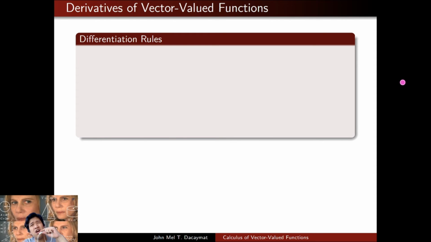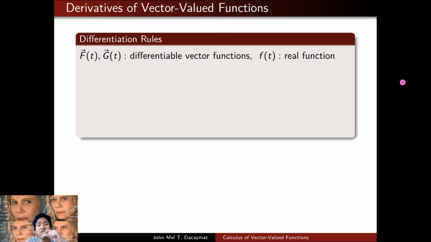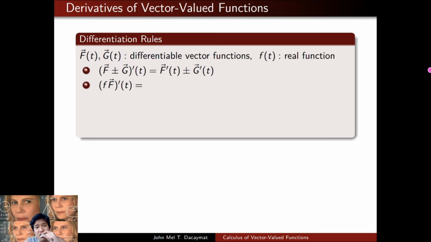The differentiation rules you had in Math 21, the product rule, quotient rule, chain rule, also have their equivalents here in vector valued functions. So if I have vector functions F and G and a real function small f, then I have the following formulas. The derivative of F plus G is just the derivative of F plus the derivative of G, and the same goes for the difference. Very similar to real functions.